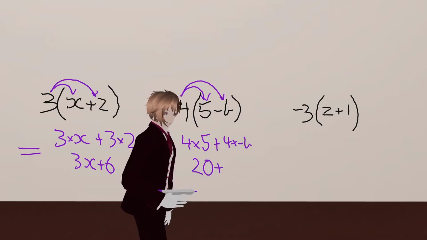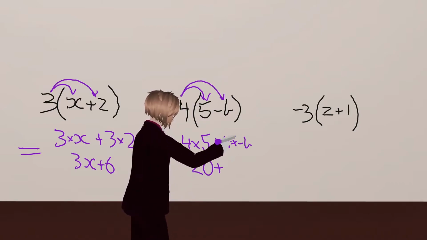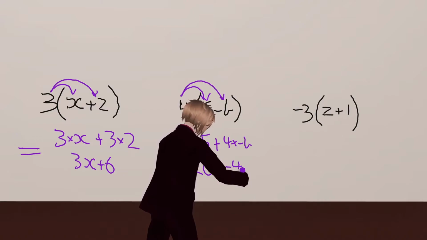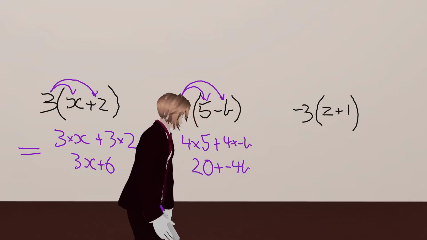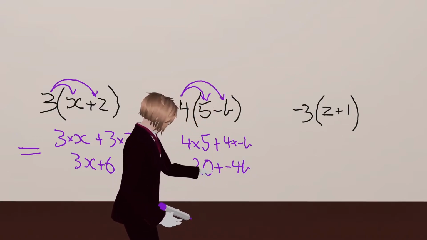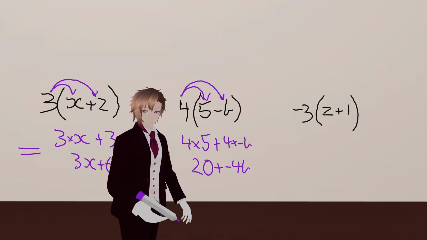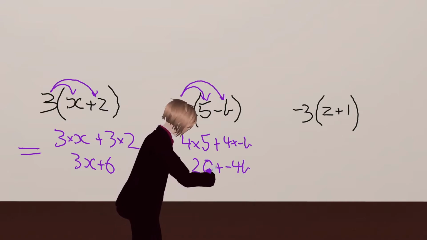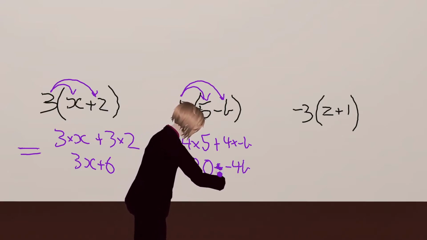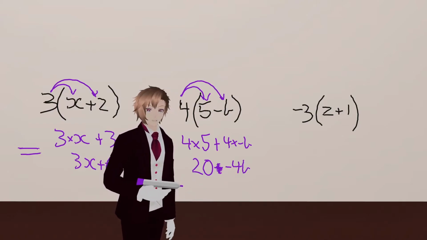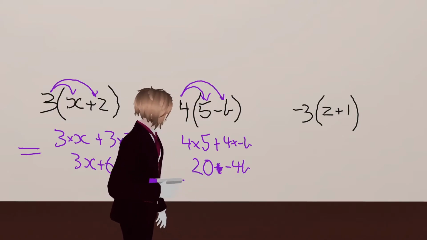So we have one negative here, so this is going to be a negative. So we have minus 4b. Now, plus and a minus is just a minus. So we're going to get rid of this plus. So this plus is just a placeholder. We may get rid of it.